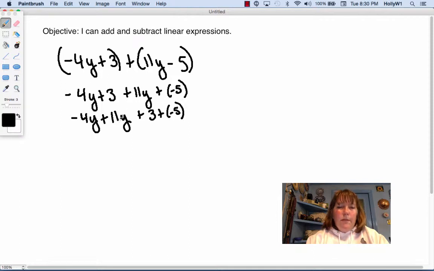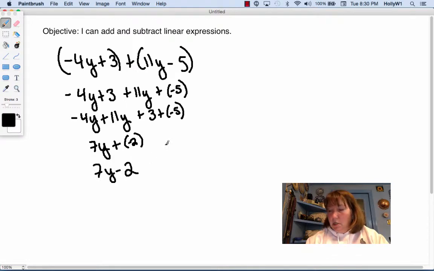Negative 4y plus 11y is 7y, and 3 plus a negative 5 is negative 2. So 7y minus 2.